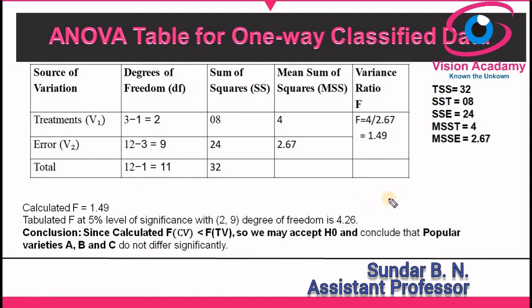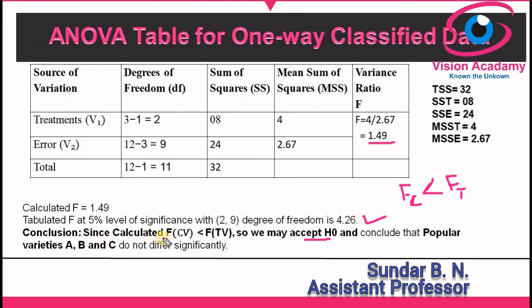Here it is very simple to accept the null hypothesis. The F calculated value must be lesser than the F table value, which means if you want to accept the null hypothesis, the F table value must be higher than the F calculated value. Then we have F calculated value 1.49 and F table value 4.26. Then what should we do? We have to accept the null hypothesis.